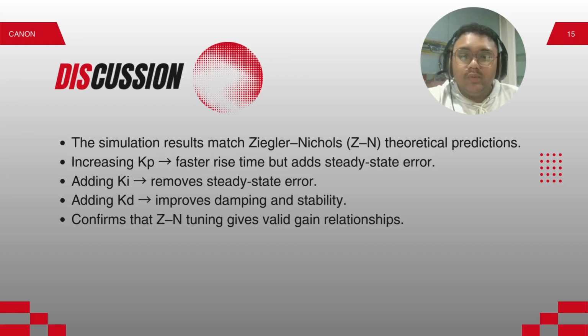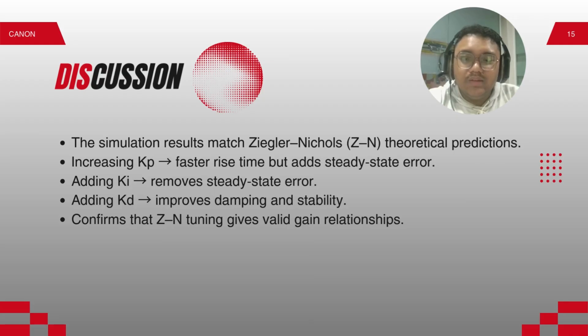Then, when we add Ki, the steady state error is removed completely. This confirms that the integral term is essential for accuracy. After that, adding KD improves the damping, reduce oscillation, and increase overall stability.